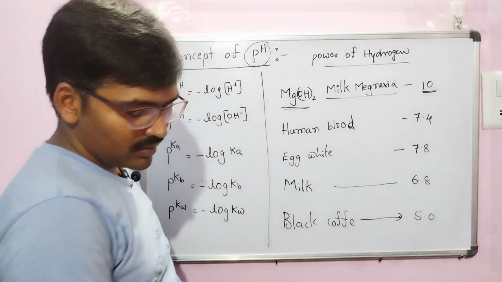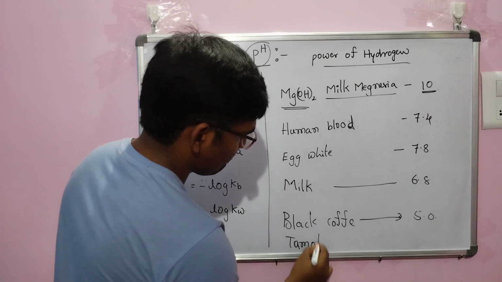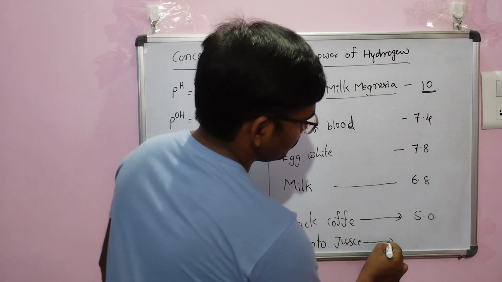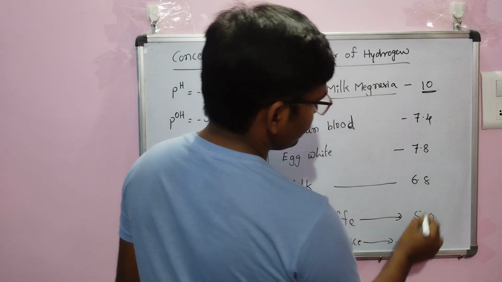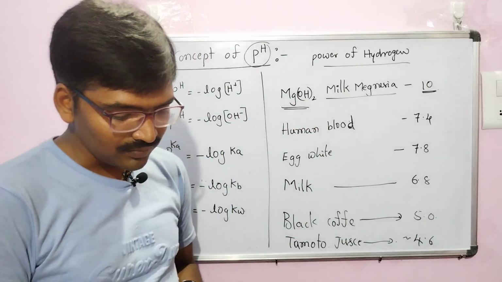Tomato juice is approximately 4.6. So like this, pH values are present.